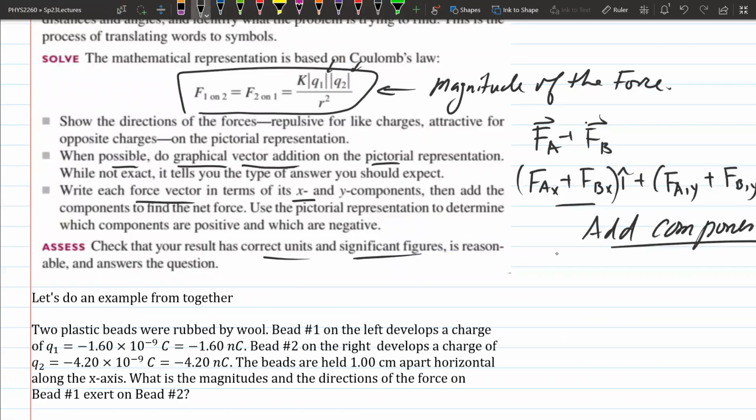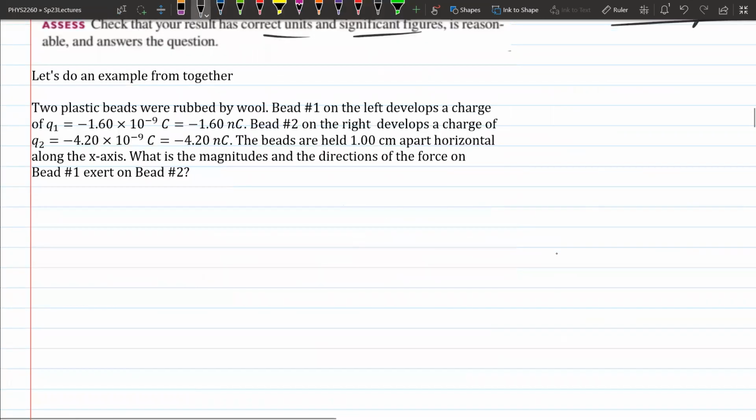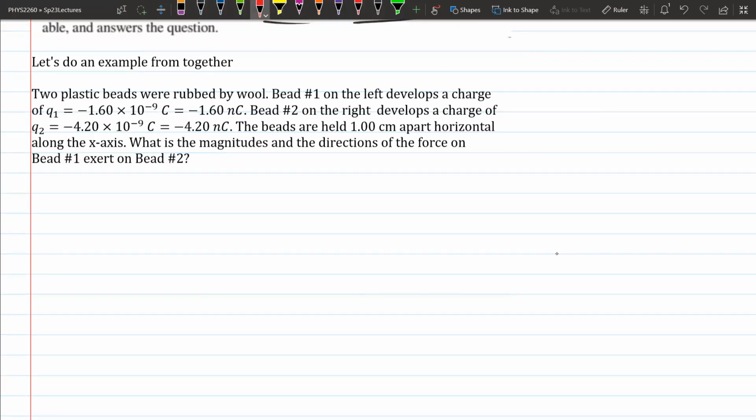So with this little technology, let's see if we can do a little example here. We have two plastic beads that are rubbed by wool. If they're both rubbed by the same thing, they're probably going to develop the same type of charge, either positive or negative. Bead number 1, on the left, develops a charge of negative 1.6 times 10 to the negative 9 coulombs, so a pretty small amount of charge.